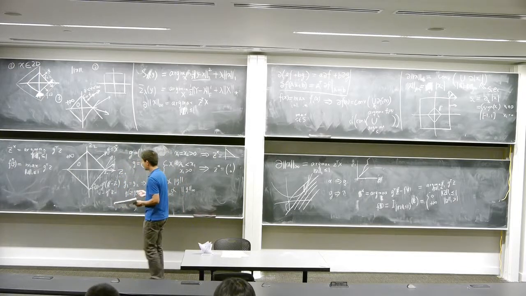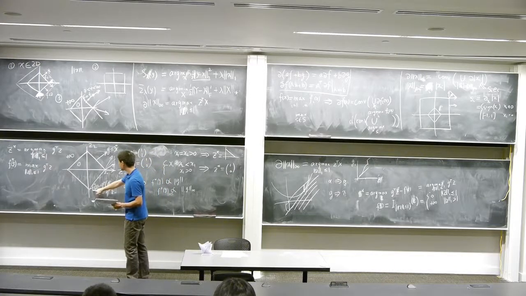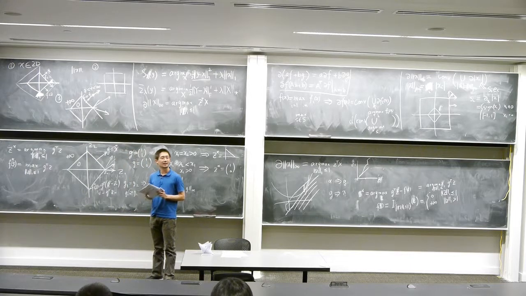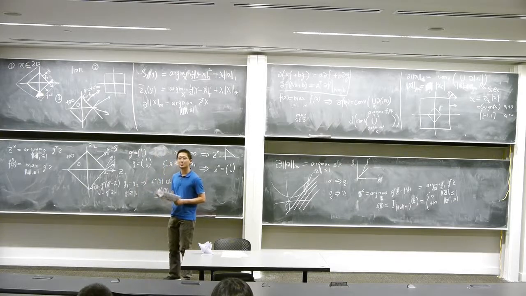So, have I done an okay job to convince you that F star G is the infinity norm of G?